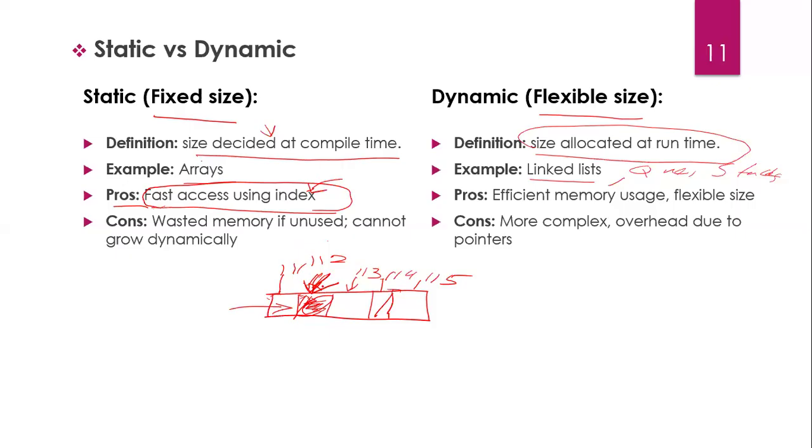The other thing, the cons, there are two cons. One is wasted memory if unused, and we cannot grow dynamically. But why is memory wasted here?